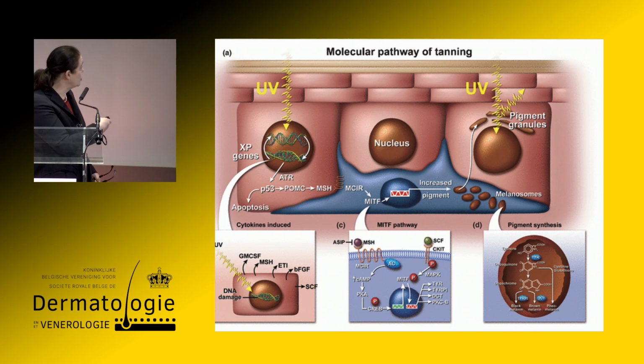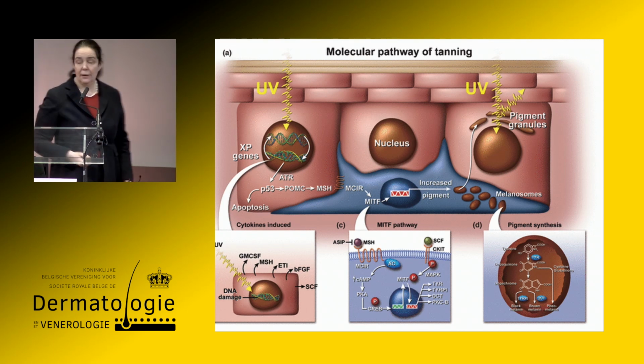We will also review all these mechanisms induced by the DNA damage that will induce pigmentation. And there we have one element that's very important for the melanocyte, the MITF pathway. And finally, we increase the production of pigment inside the melanosome and the transfer of that melanosome into the keratinocytes, as I mentioned before, within which the melanosome we have the pigment synthesis.